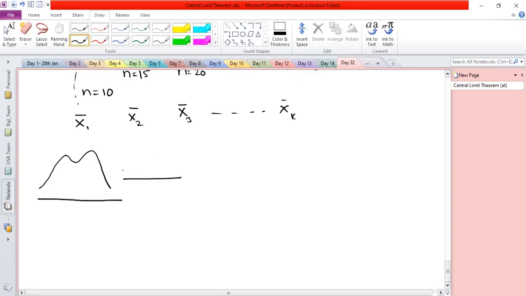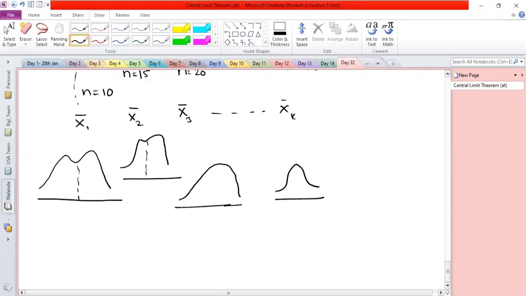For X2, it will be something like this. For X3, something like this. For Xk, it will be exactly like this. That means this is your center. This is your original mu.